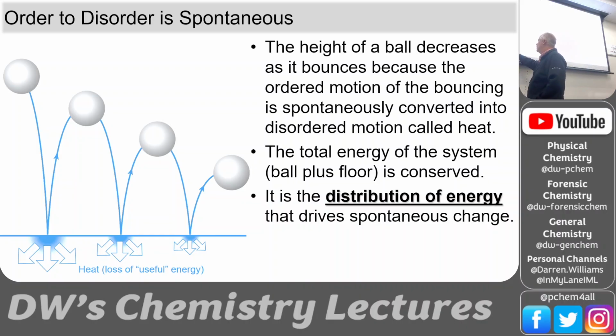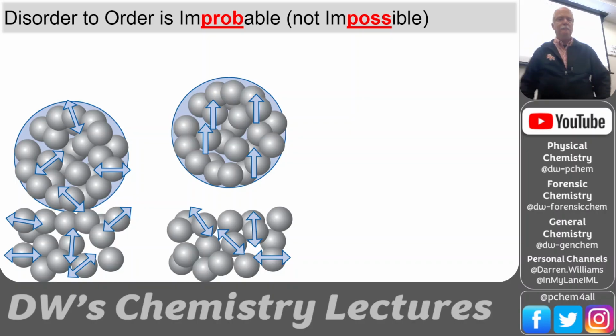Yeah. So we're losing that useful energy because it's becoming randomized. Now, this is where we get into the whole Thanos thing about it's not impossible, it's just improbable. We have all of these motions in the table.